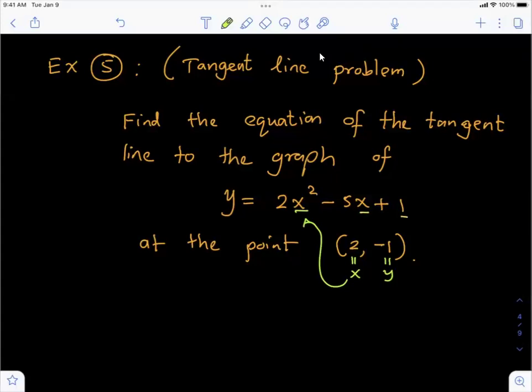You will end up getting 2 times 2 here. It's going to be 8 in the first component, minus 10 and then plus 1. So it will turn out to be just -1 when you simplify. So that is the corresponding y coordinate given. So that's why this is a meaningful problem to begin with.